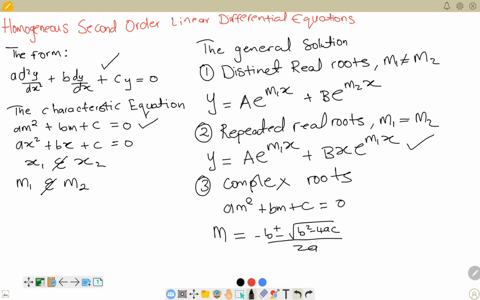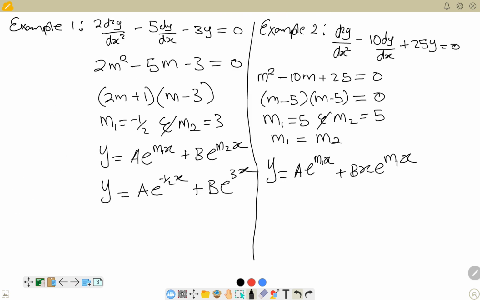We have the same roots, so this is the equation, so it is correct. So what we need to do is to replace m1. So this is the general solution for this question. We'll have a plus bx, e to the power 5x. So this is the general solution of that.